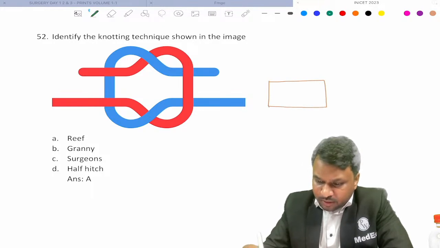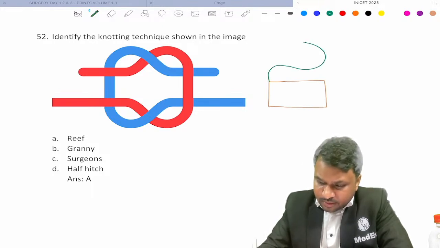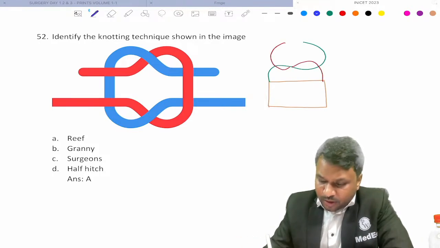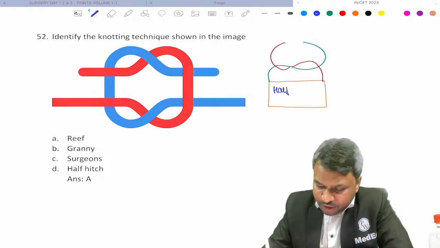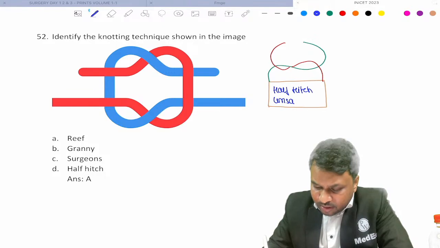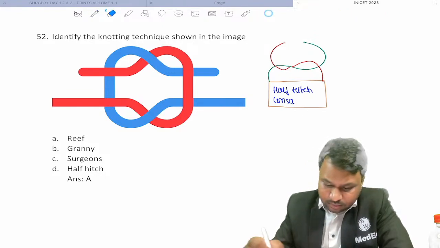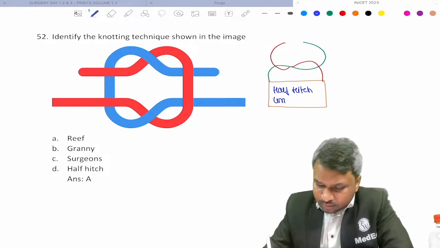You have one knot, which is going to be like this. This is what we call a half hitch. Half hitch is an unstable knot.